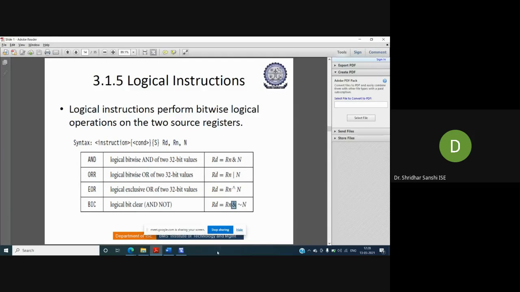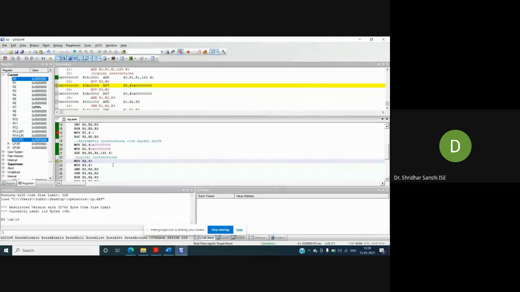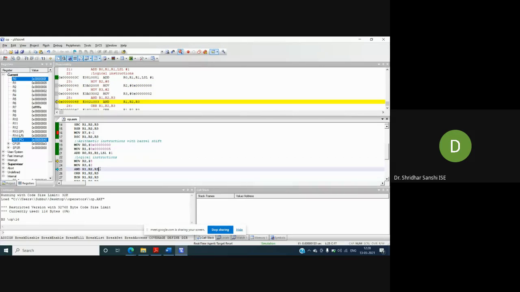Okay, so here is an example. I have taken R2 as 8, R3 as 2, and I'm doing the operations.